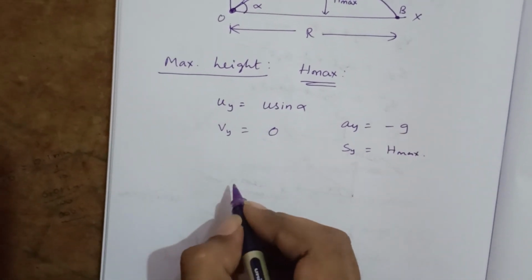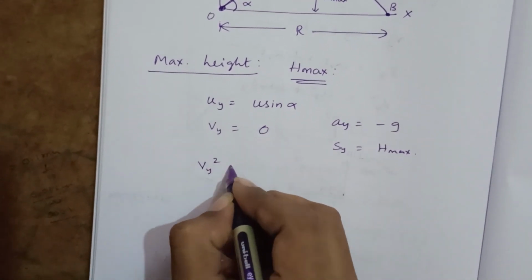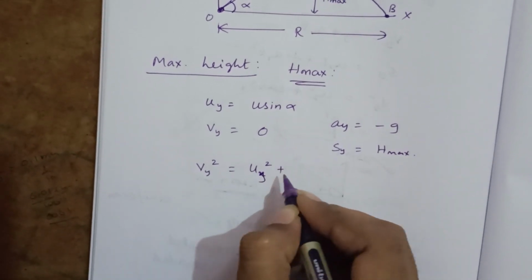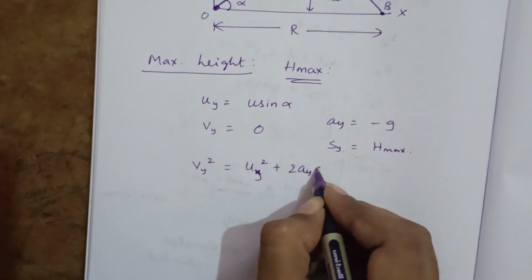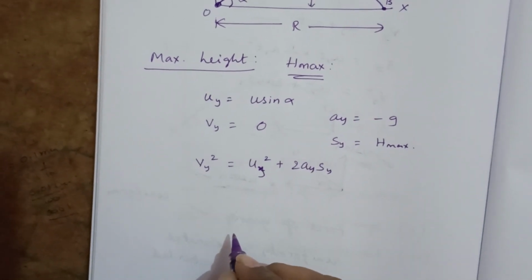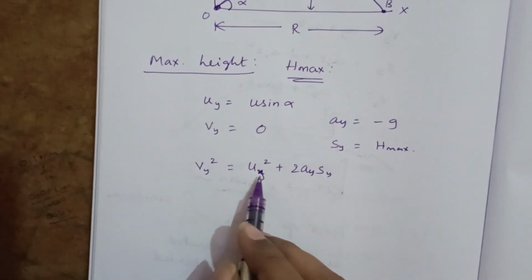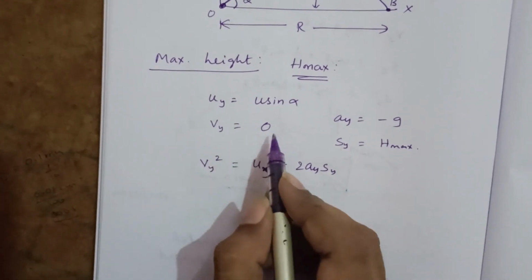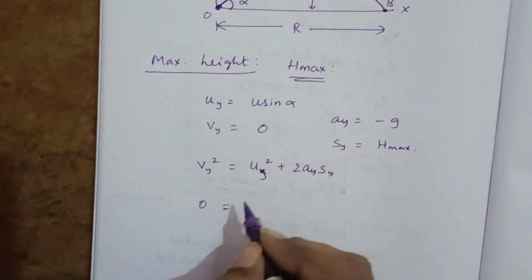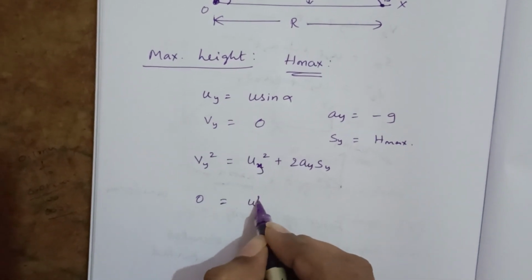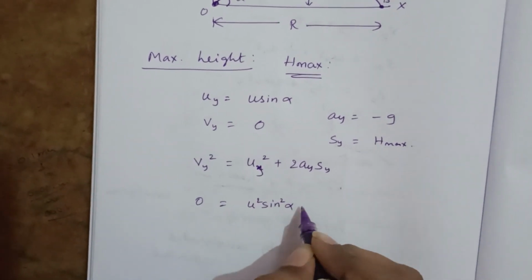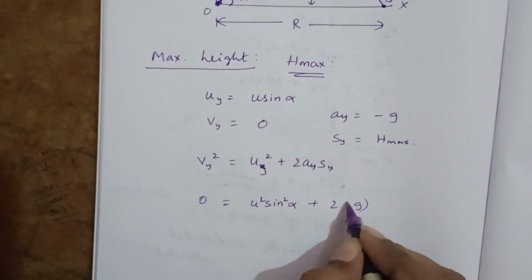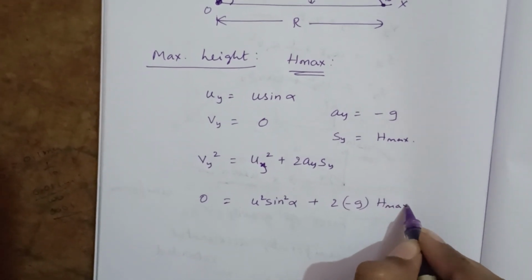Now from the equation v square equal to u square plus 2as, we will substitute. Vy is 0 equal to uy square, u square sin square alpha, plus 2ay, minus g h max.